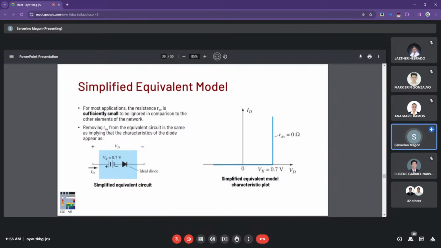Then we have the following equivalent model. Just the 0.7 volts to turn on the diode into conduction, and then the ideal model which acts as a switch depending on the bias, if it's forward or reverse.